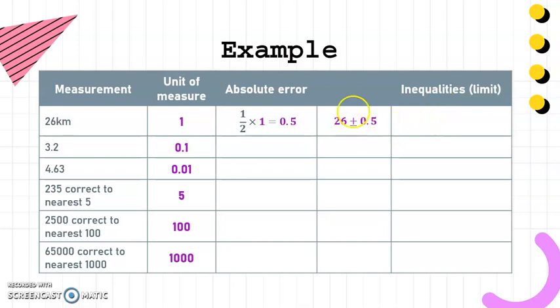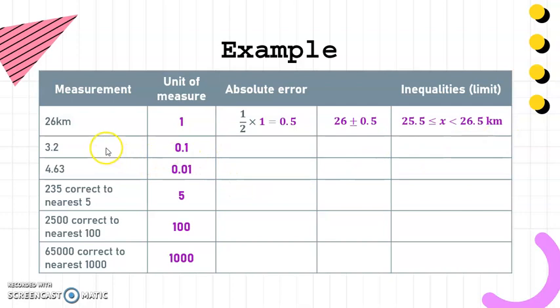You have to calculate the lower and upper bound. So this side is always lower bound and this side will always be upper bound. This means that the measurement is between 25.5 kilometer and 26.5 kilometer.